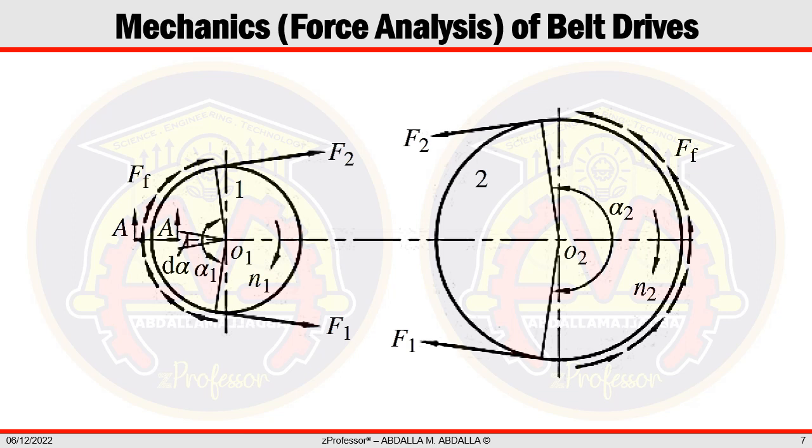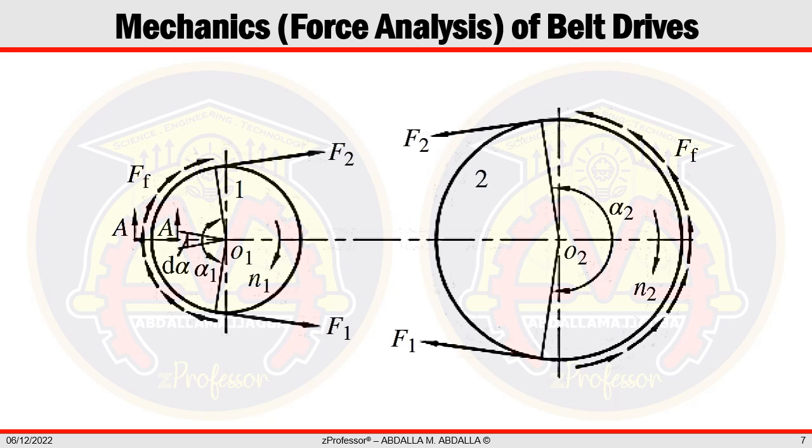Similarly, the belt's friction force acts in a clockwise manner on the driven pulley. The driven pulley is driven by this force and rotates at a speed of N2 because the frictional force acts as a tangential force. As a result, friction serves as a valuable tool for power transmission in belt drives.